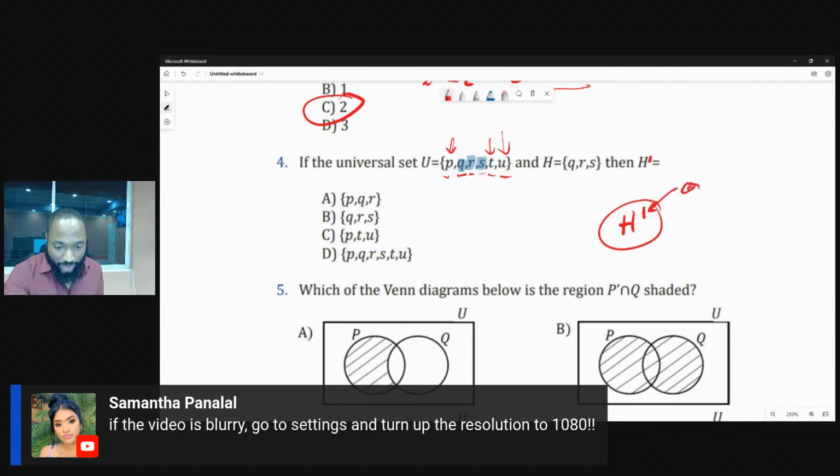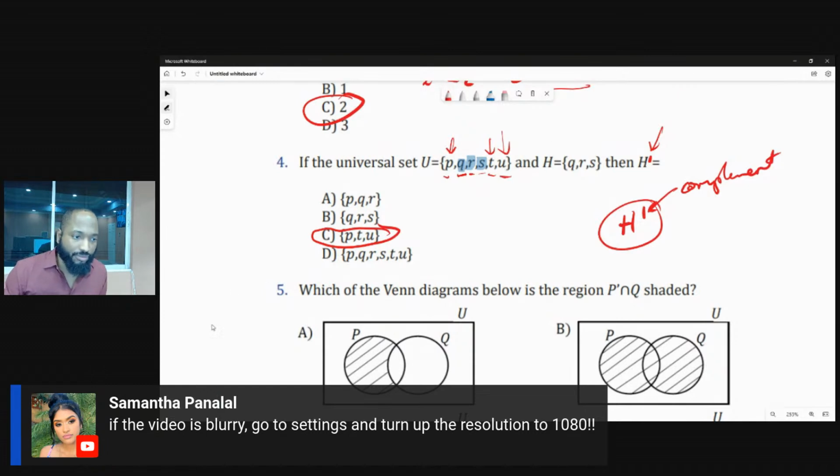That symbol is complement. The big boy name for it is complement, but we could just call it outside of H, not included in H. It's not a part of H. It would be PTU, which is C. So that was easy. So when you see the symbol complement, it means outside.